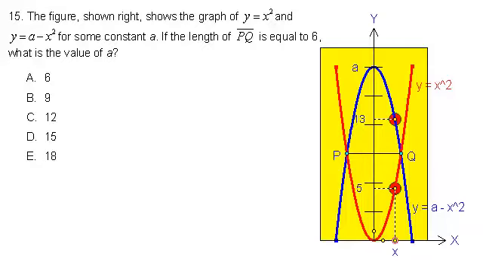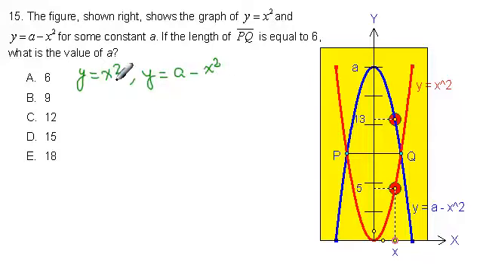One equation is given as y equal to x square, which is the red parabola, and the other equation is y equal to a minus x square, which is the blue parabola, where a is a constant which shows where the parabola intercepts the y-axis.